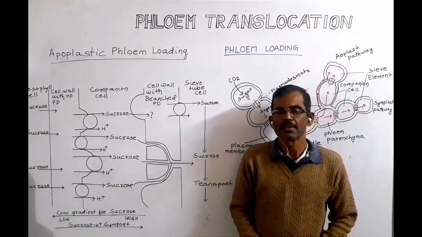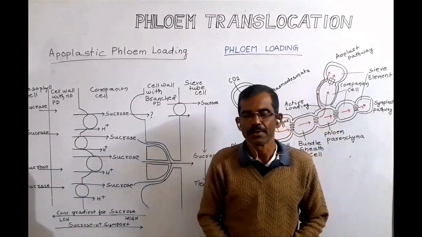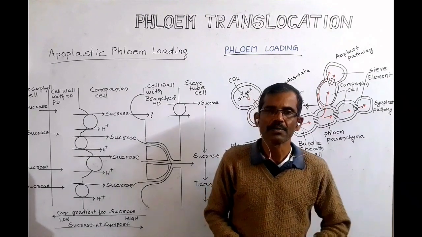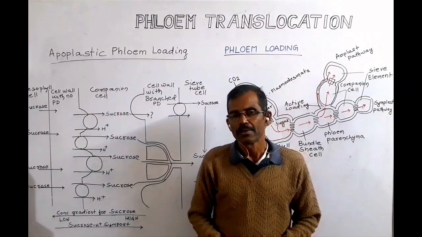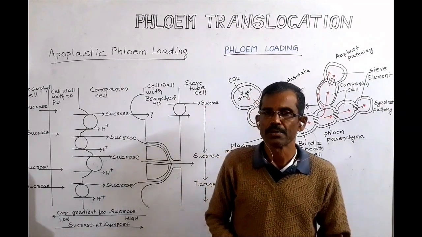In many plants, intermediary type companion cells are absent. In such plants, ordinary type companion cells and transfer cells are present. Transfer cells are unique cells having wall ingrowth.